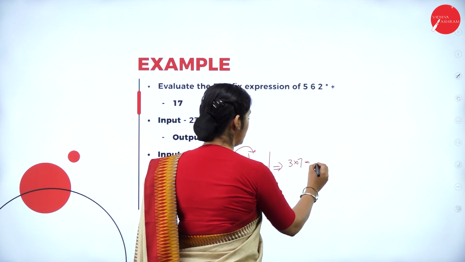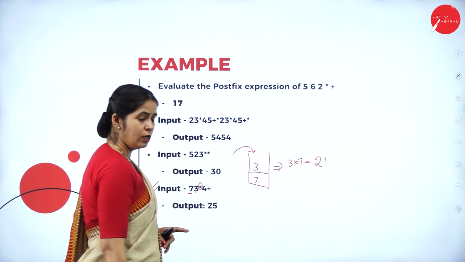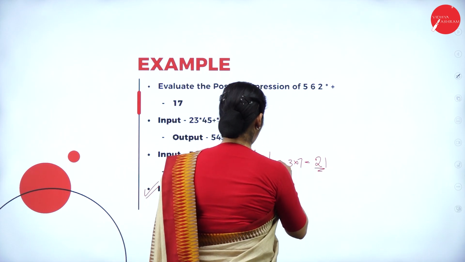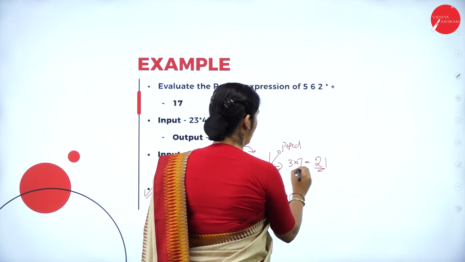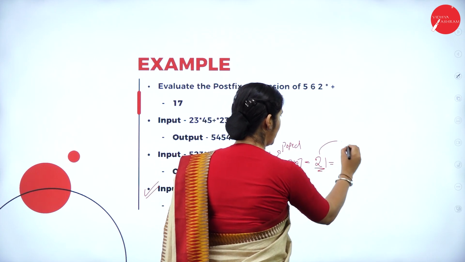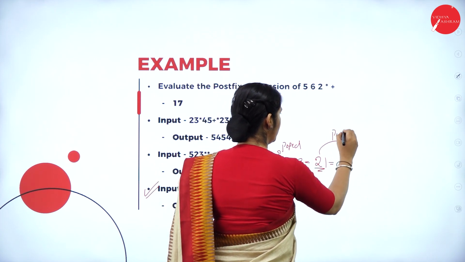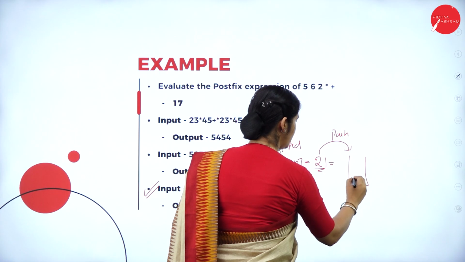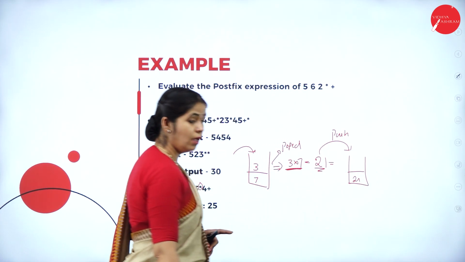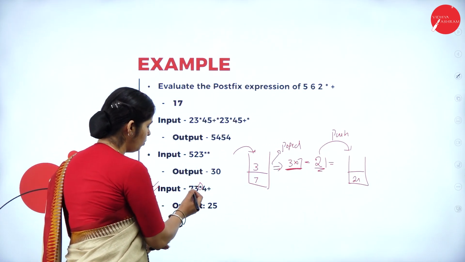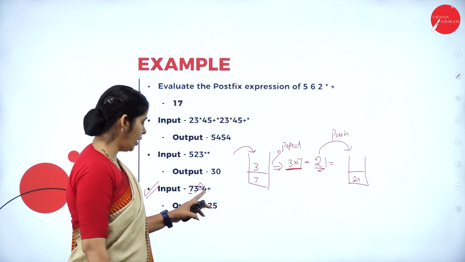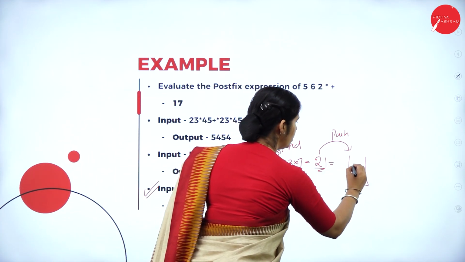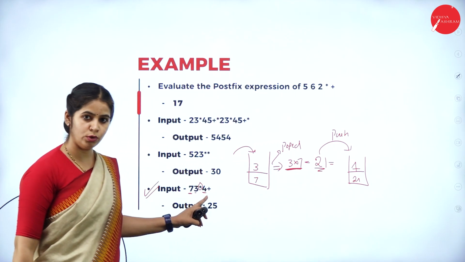What you will get is 21, right? So the operands are popped and the operation is done. This result has to be pushed into the stack. So push 21 into the stack. After pushing 21, moving left to right, I got one more operand, 4, which has to be pushed into the stack.